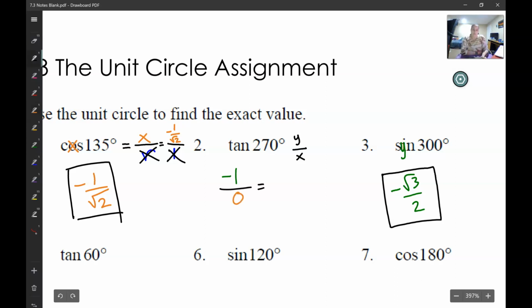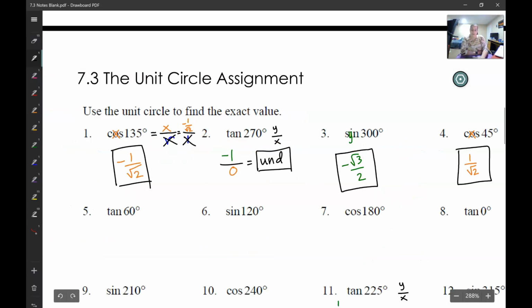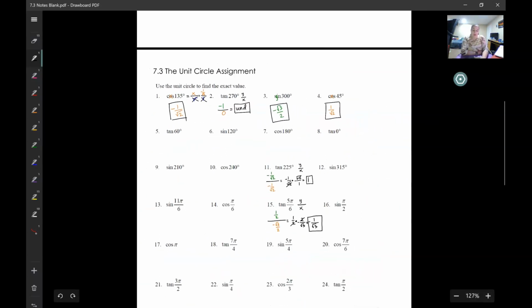Well, can I divide by 0? No, I can't. So this one is actually undefined. Doesn't work because I can't divide by 0. And that's how you're going to fill out all of these. Super fast, just look at your unit circle and pull out the x or the y value.